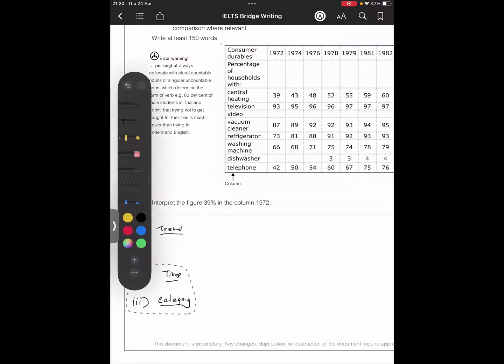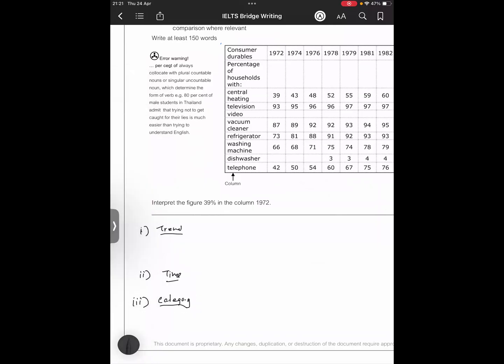But we also have subcategory. All right, like IA, okay? We have subcategory, and that is to use the rate of change.